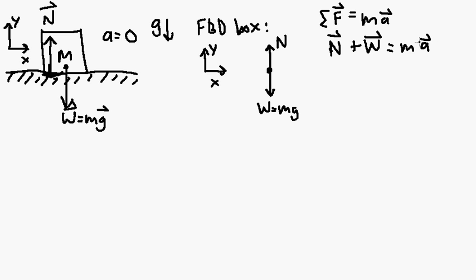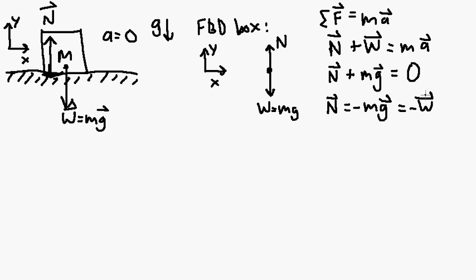Normal force plus weight, which is mass times our gravity vector, equals mass times 0, so really just 0. What that tells us is that the normal force equals the negative of mass times gravity, which is also equal to the negative weight. So normal force is equal to weight acting in the opposite direction. And there we go. Basically, we're done.